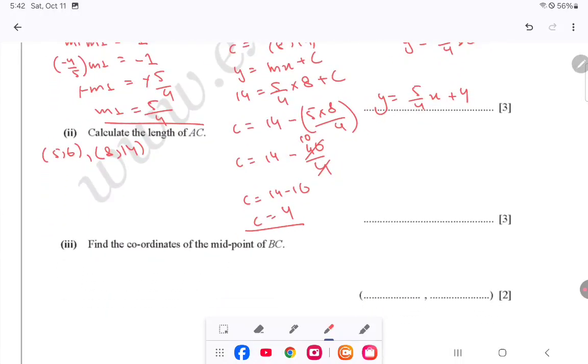Simply use the distance formula. AC is equal to the square root of (x2 minus x1) whole square plus (y2 minus y1) whole square.